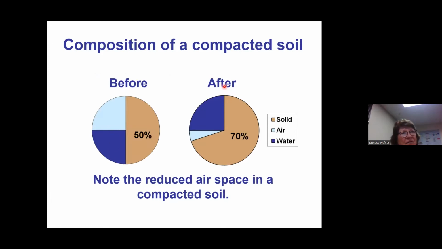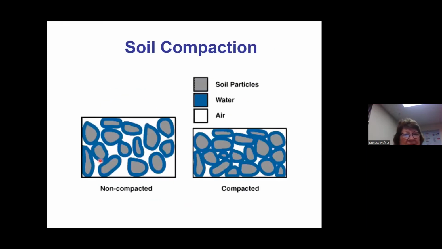When we compact the soil, and soil is more easily compacted when it's wet, what we lose is the airspace. The water's still there in the soil in between the peds, but we lose the airspace. Sometimes that's hard to visualize, so I like this diagram. Here we have a non-compacted soil.